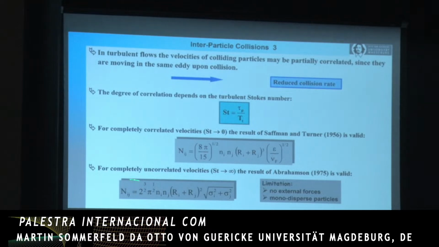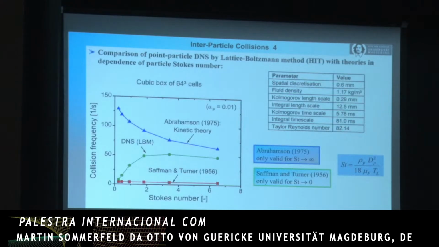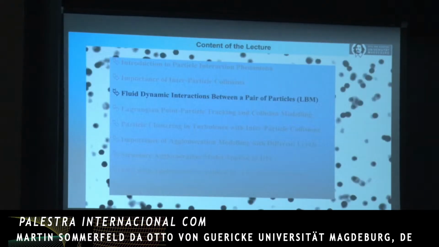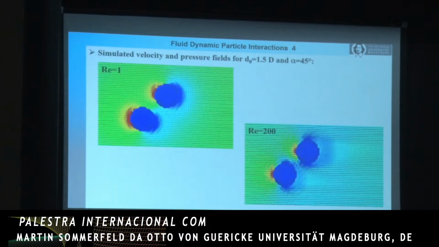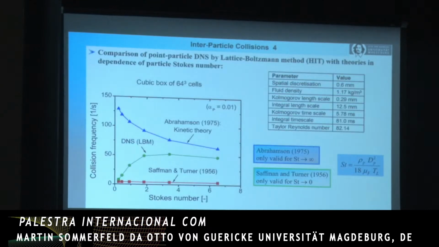And the other correlation for completely uncorrelated particles, very inertial particles that don't care about turbulence, comes, for example, from Abrahamson, with some limitations or assumptions in the model: no external forces, monodispersed particles. So looking at this result also gives you an idea about our modeling efforts we had to do.